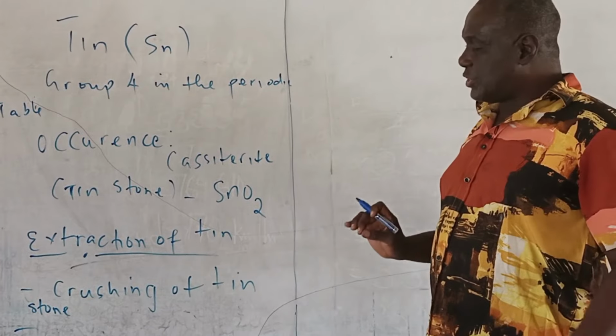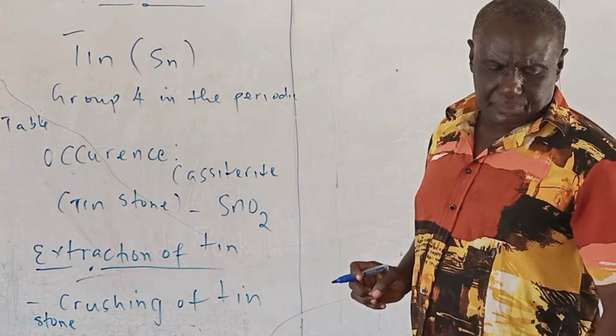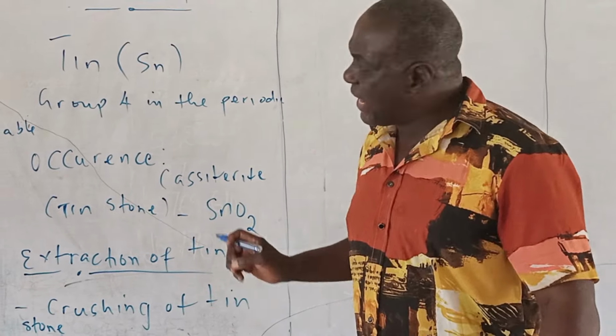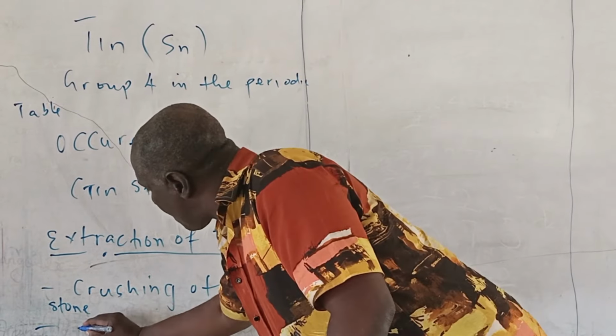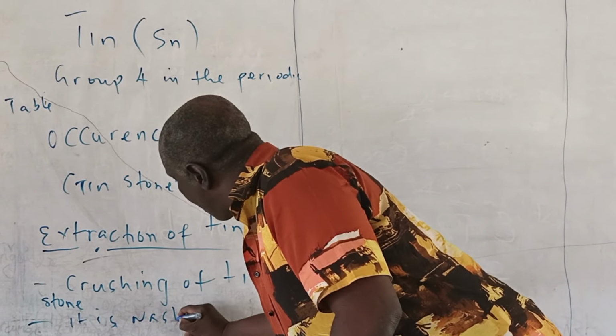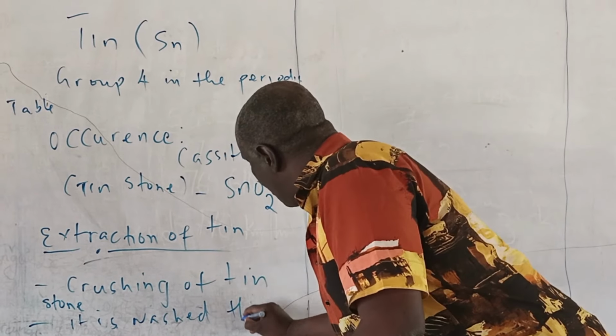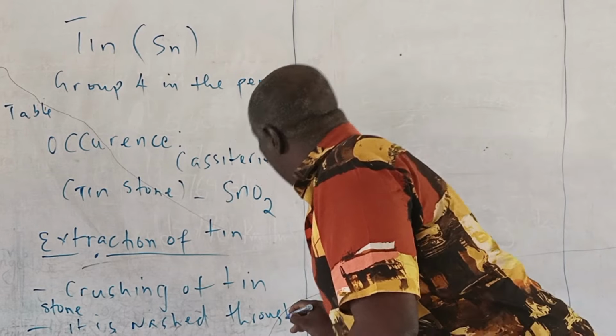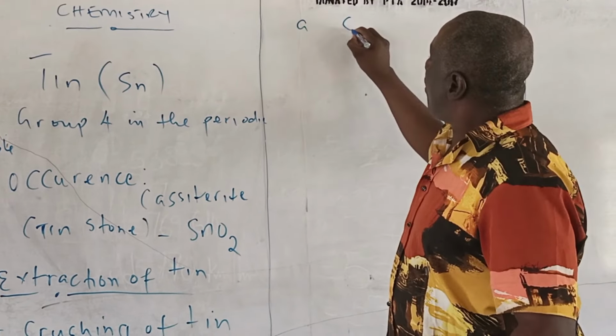Now, when we have crushed tin stone into powder, it is washed through a current of water.